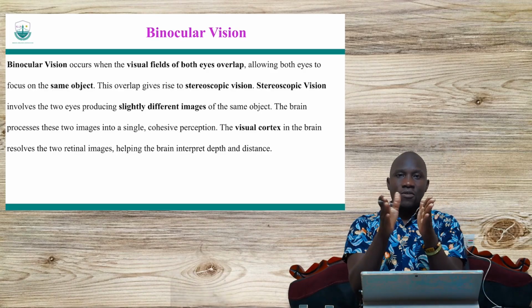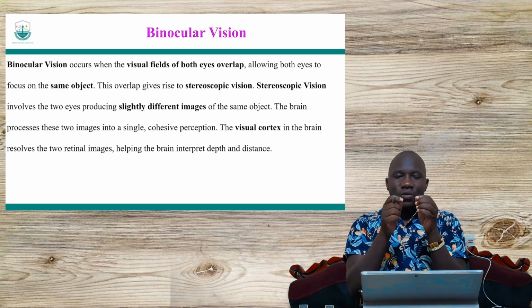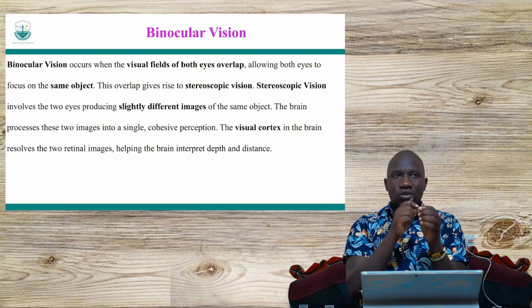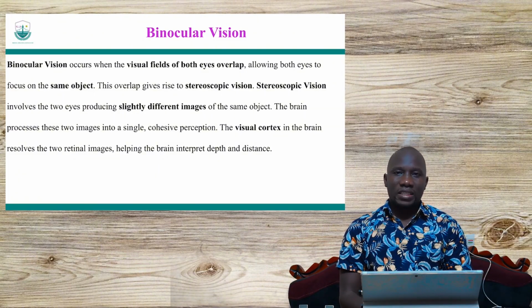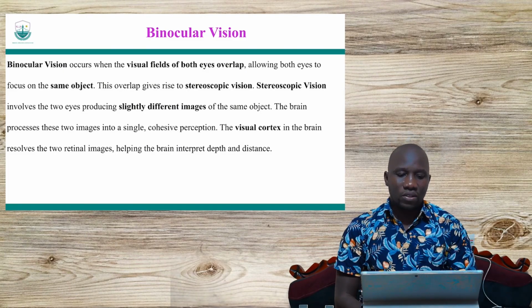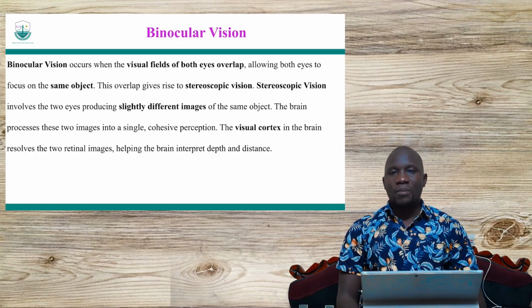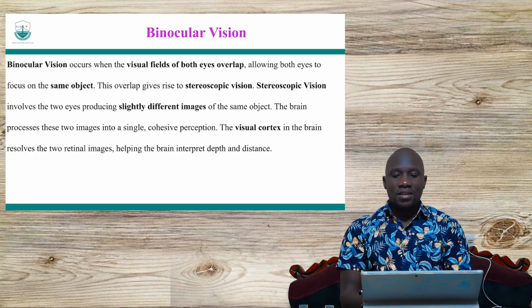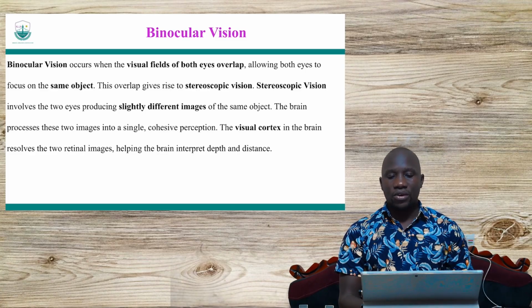So for you, what you see is one, but in reality each of the eyes has its own focus, and these are later processed into a single cohesive image that you interpret in your brain.